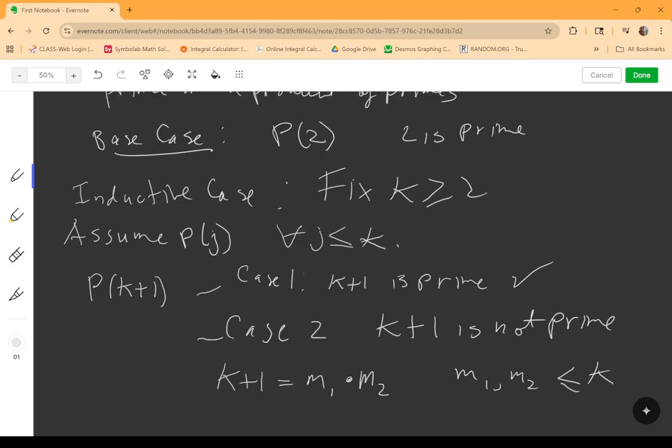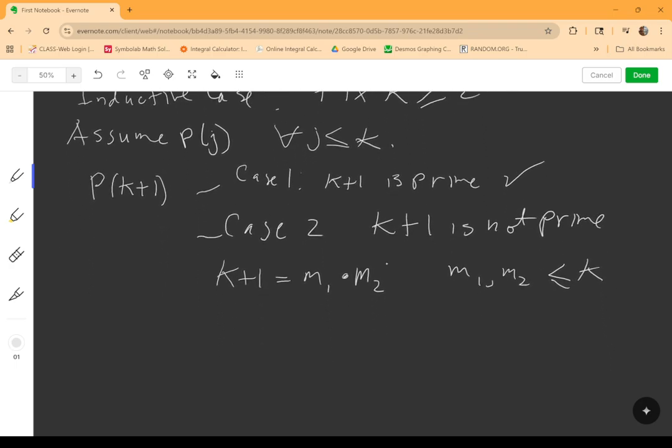So by the inductive hypothesis, I can continue with a sort of recursion. Here it's more like a proof sketch. We could say m1 is prime or, if it's not prime, I can rewrite it as a product of primes because it's part of my inductive hypothesis. If it is prime, then we're done.